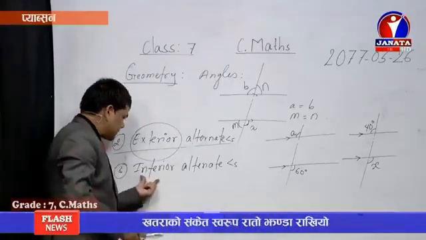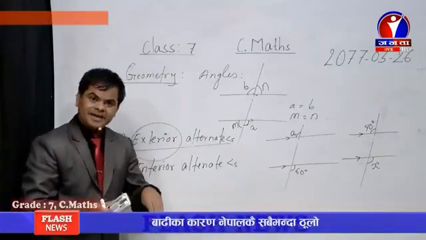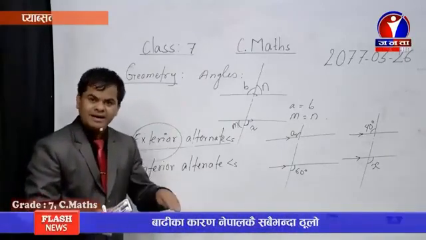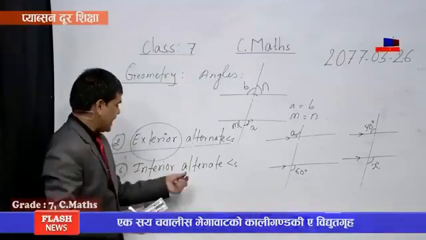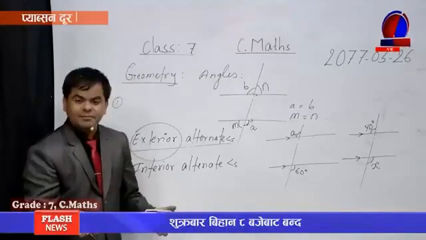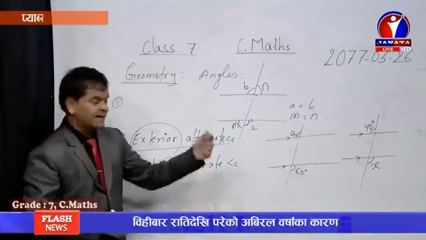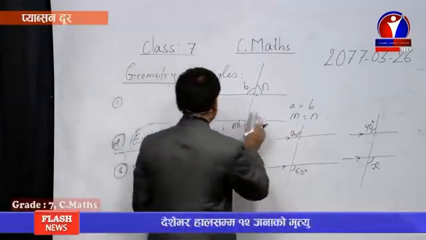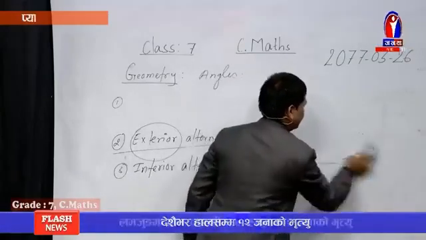Interior means both should be inside the parallel lines, one interior to the upper parallel line, and another interior to the lower parallel line, and both should be alternate by hand side. That means if one is on the left hand side, another should be on the right hand side. So let's take the concept of this one as well by making a figure so that you will be clear about this.